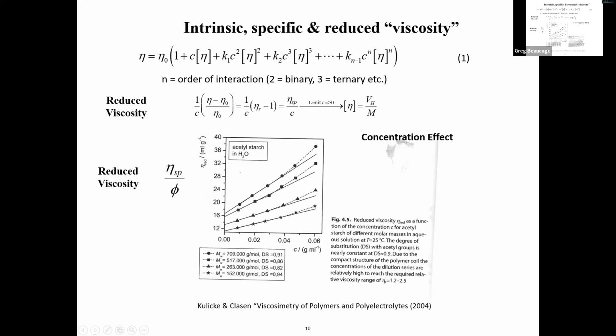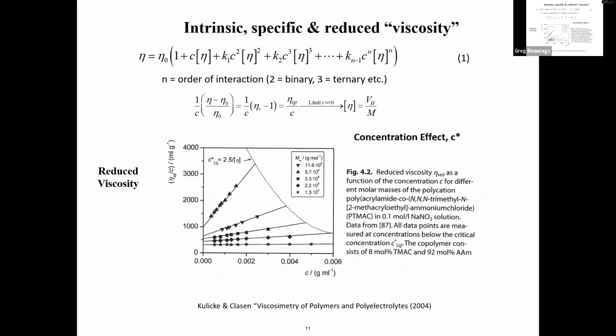It's from this viscosity book. I even put it here: specific by concentration means it should be flat, right? So people have looked at this business. This is also reduced, so this should be flat too, and it is at low molecular weight, and at higher molecular weight it deviates.